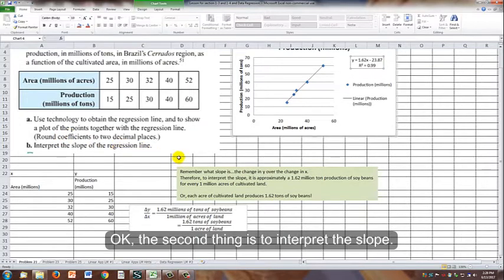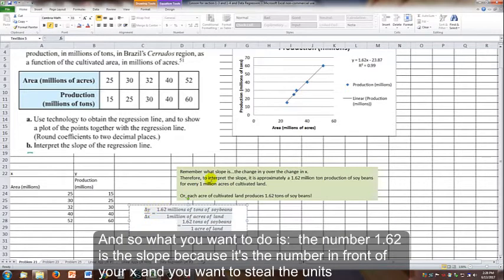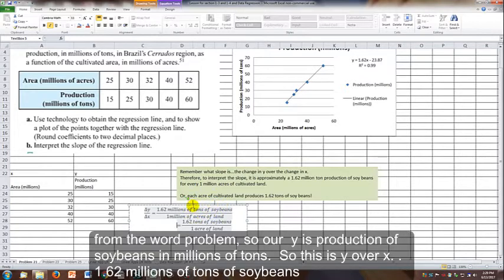Okay, the second thing is to interpret the slope. Remember what slope is. Slope is the change in y over the change in x here. And so what you want to do is the number 1.62 is the slope because it's the number in front of your x, and you want to steal the units from the word problem.